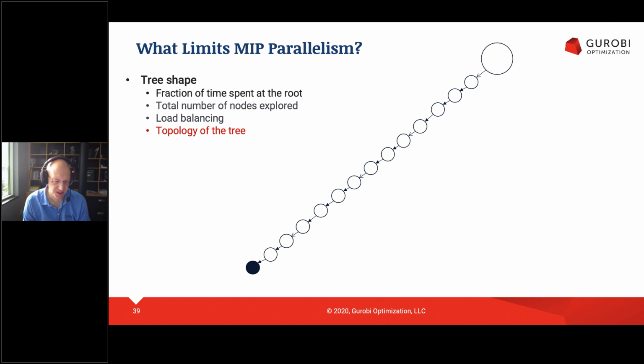After 1,000 nodes, you get to the bottom of the tree, you find a feasible solution, and in fact it is a provable optimal solution, so you're done. Of course, if this is the situation, then whether you have 1 core, 2 cores, or 4 cores, it doesn't matter. Basically, it's just a race to a leaf, and adding more cores is not going to speed that up a lot. And there are actually a fair number of models where the topology looks more like this than a full bushy tree.